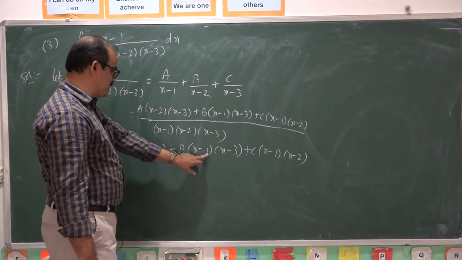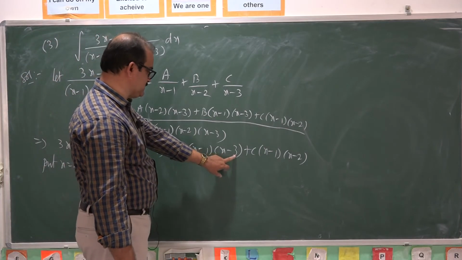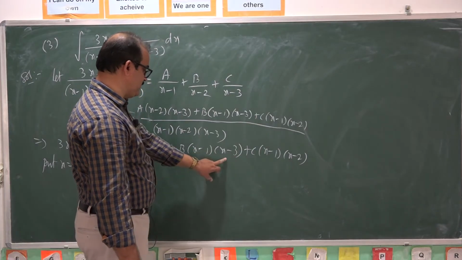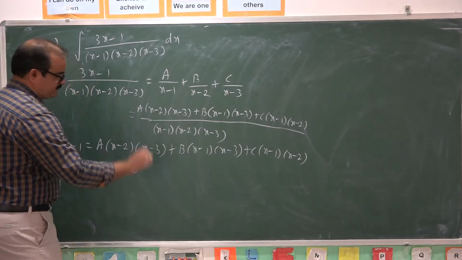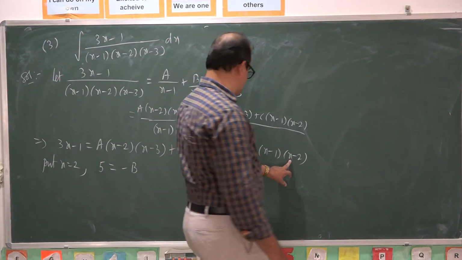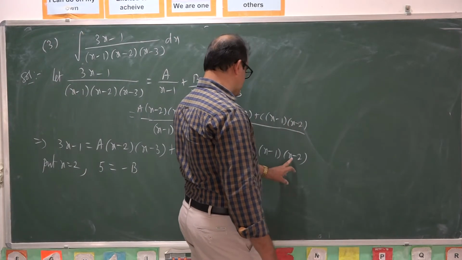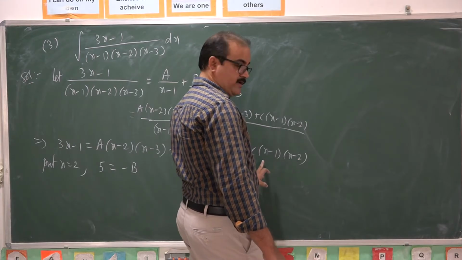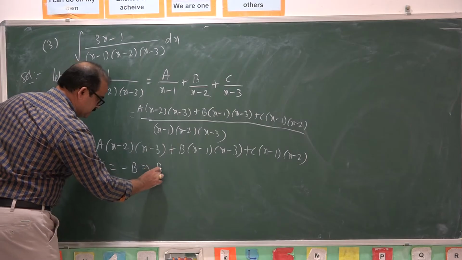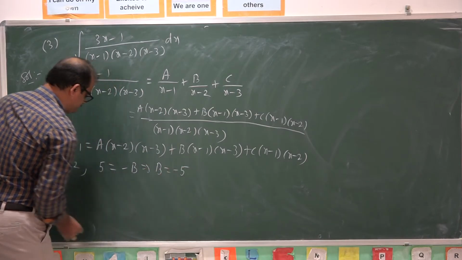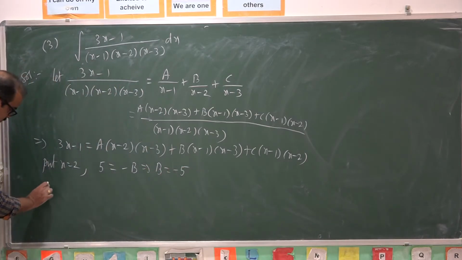B into (2 minus 1), 1, (2 minus 3), minus 1. 1 into minus 1, minus 1. Minus 1 into B, minus B. Next, in the third term, 2 minus 2 is 0, 0 into anything is 0. So from this B is equal to minus 5.